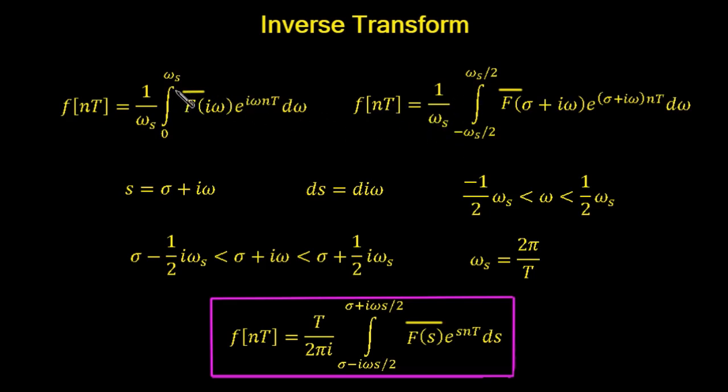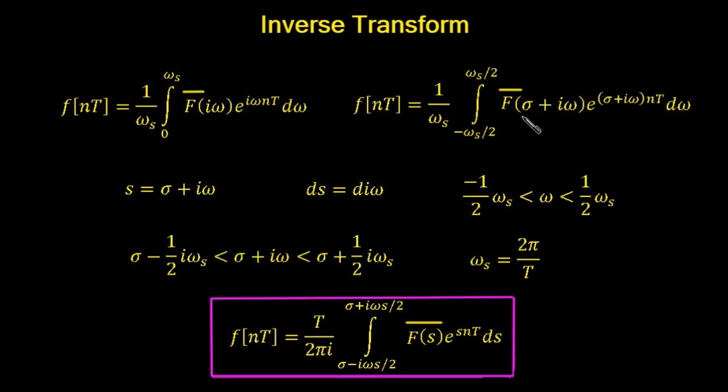We'll change the limits, we'll make the limits minus omega s upon 2 to plus omega s upon 2, so that's just the same as what we've got here, we've just changed it slightly. And our function is no longer a function of the variable i omega, it's a function of sigma plus i omega, which is a complex variable, and again our omega there is replaced with our sigma plus i omega.